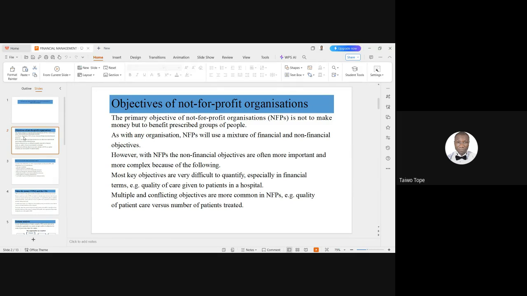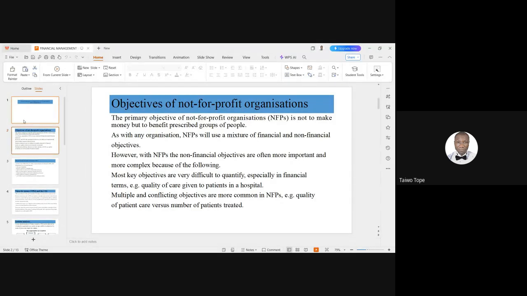And more so, in not-for-profit organizations, any surplus is reinvested in the mission, while for profit-making organizations, any surplus is distributed as what? As profit, as dividend to shareholders, because there is need for us to maximize the shareholders' wealth. The source of funding for the not-for-profit organization is usually from donations, grants, and subscriptions, most likely. And in profit-making organizations, the source of funds can be through debt or equity and sales of goods and services.